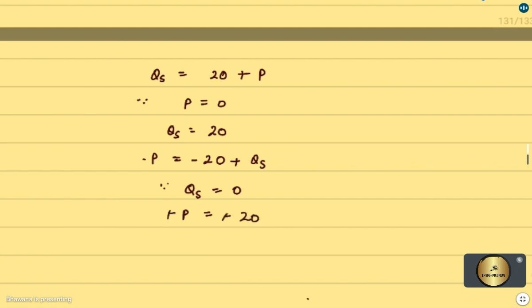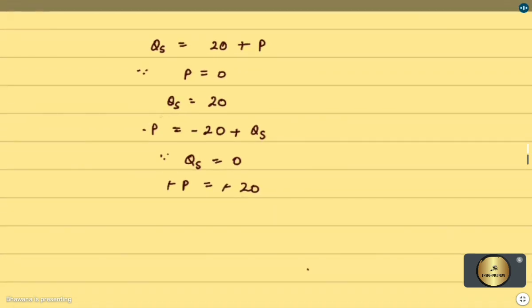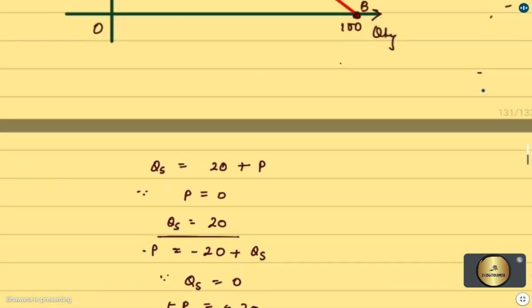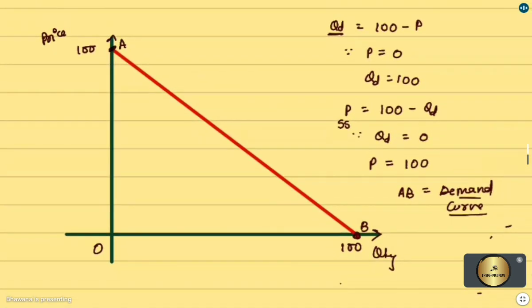This minus sign will cancel out and you will get quantity supplied equal to 20 and price equal to 20. You can put these points on this graph, and this point here is the vertical intercept of the supply curve. Let's graph this. You will get this upward sloping supply curve. This is your supply curve.